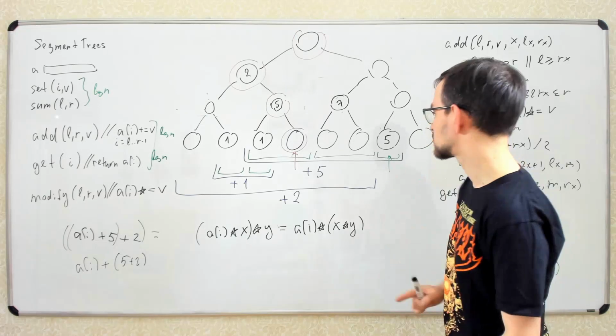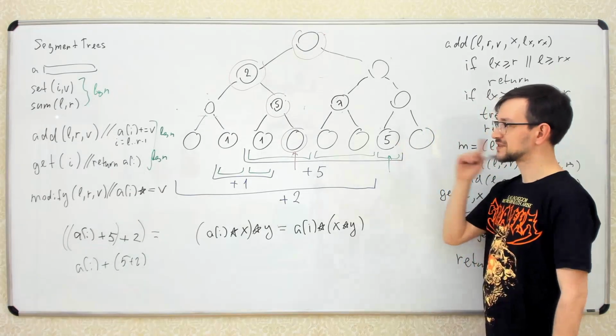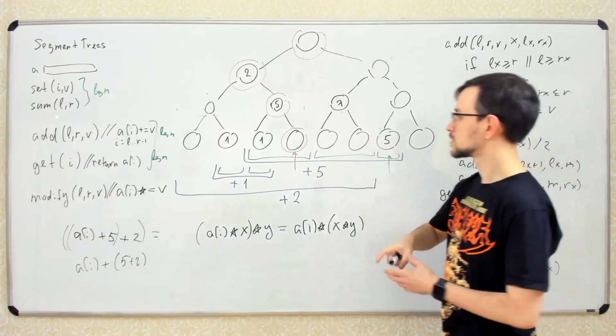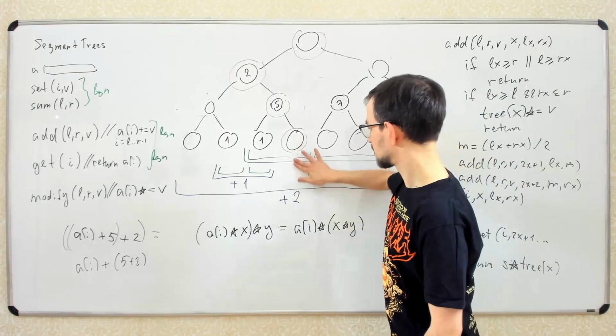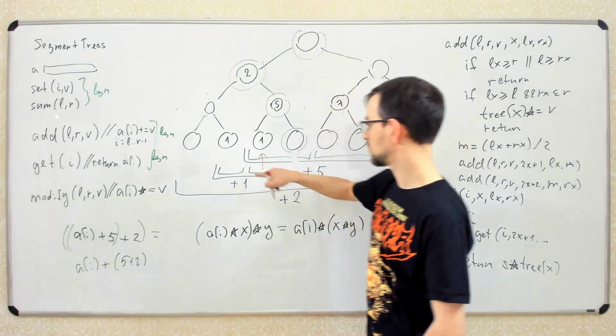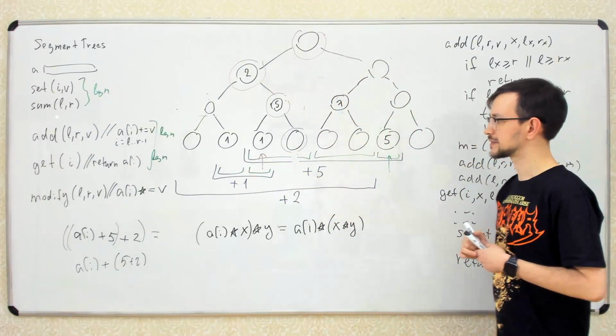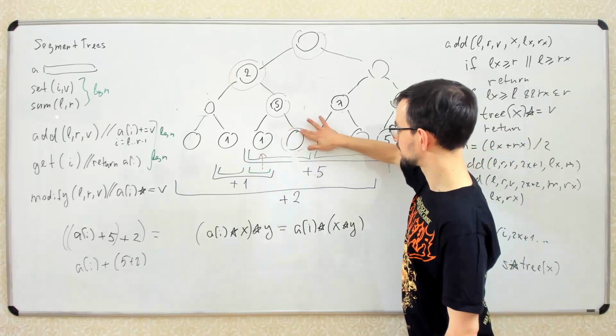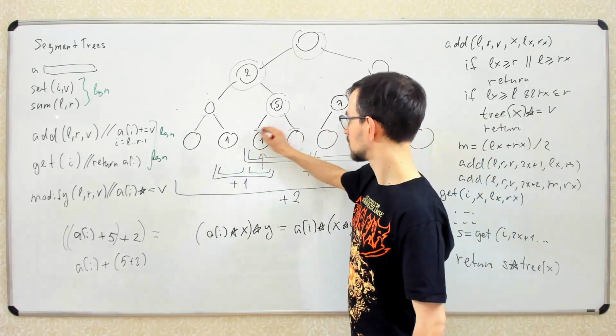Now, the second property we used. The second property of the sum we used is here. Let's try to calculate the final value of this element. When we calculate the final value of this element, we apply all operations to this element.